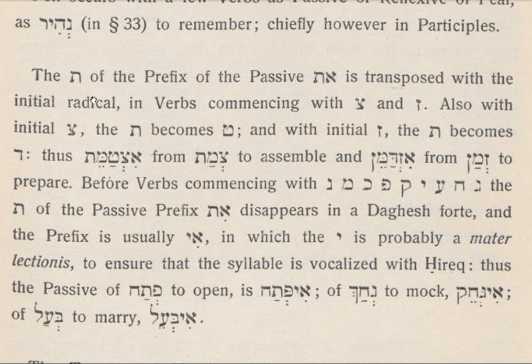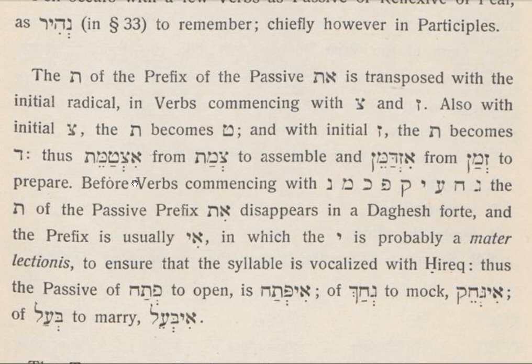The t of the prefix of the passive it is transposed with the initial radical in verbs commencing with tzadi and zayin. Also, with initial tzadi, the tav becomes tet, and with initial zayin, the tav becomes dalet.